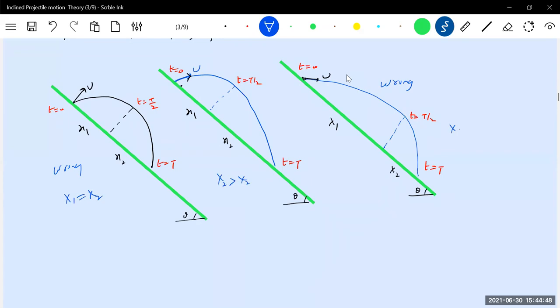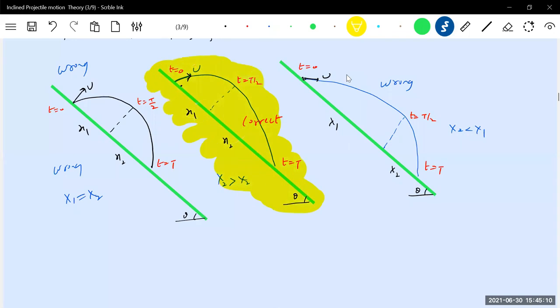And here you are showing that x2 is less than x1. So this is wrong, this is wrong. This one only is correct, and the correct one I'll highlight. Got the idea, no? There are many things we have to be careful about here: x2 greater than x1.